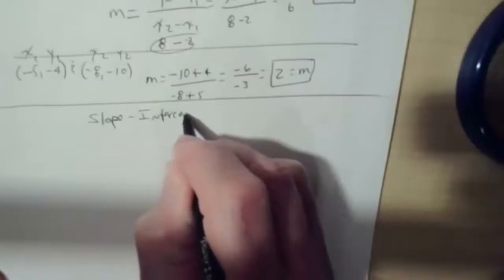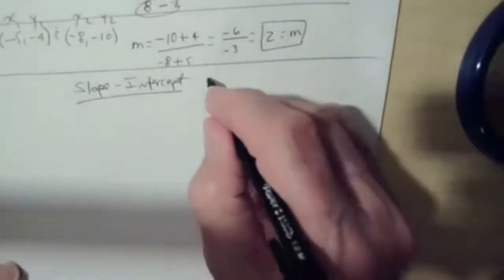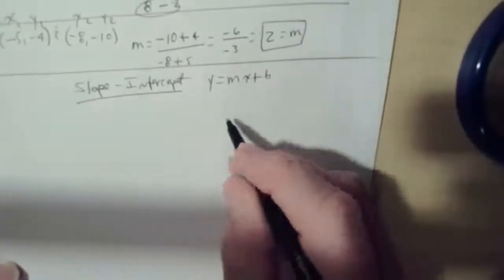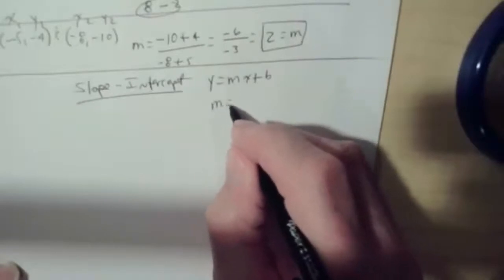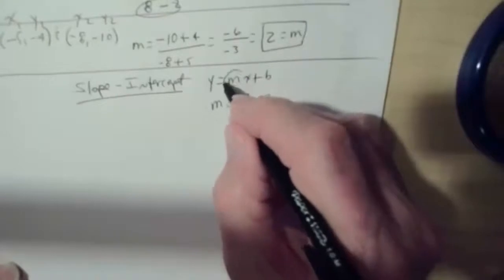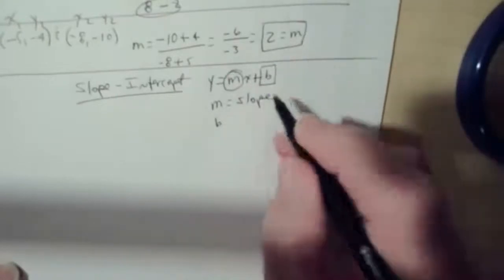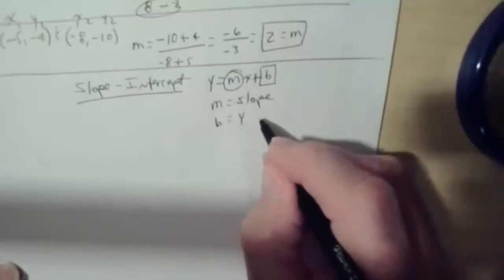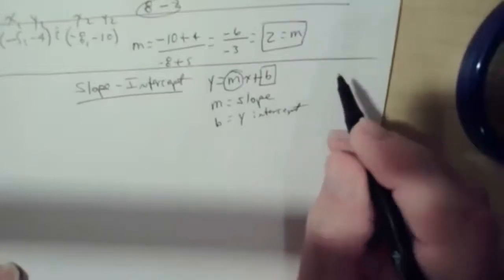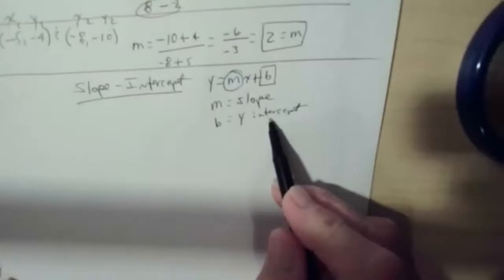Slope-intercept is y equals mx plus b, where m, of course, is the slope, and b is the y-intercept. What that means is, where does the line cross or intercept the y-axis?